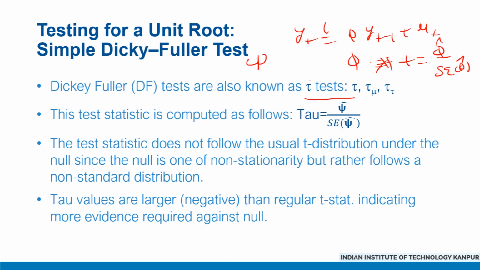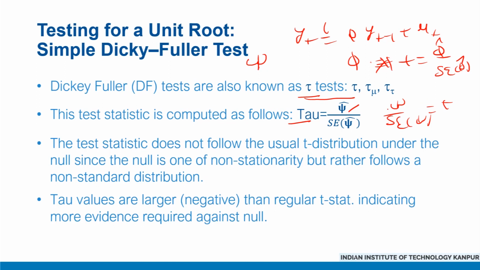Why are these called tau tests? Because these are not your regular regressions. There is a possible non-normality in the process. So the corresponding test statistic for psi is not the regular t statistic. We call it the tau test, and its notation is similar: psi hat, the estimated value of psi, upon standard error of psi, but the distribution is not similar to t.